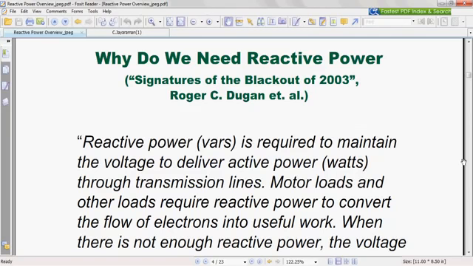So this causes a problem, and the voltage is maintained through reactive power transmission at the receiving end. Other than this, loads like motor loads require reactive power to convert the flow of electrons into useful work.